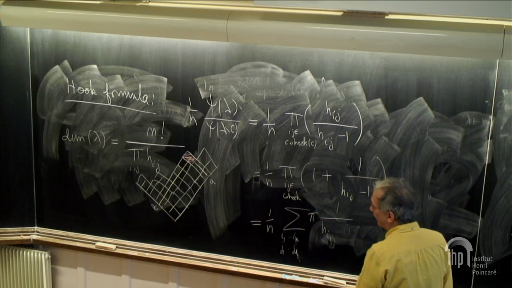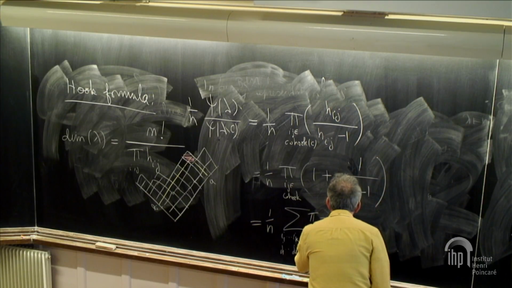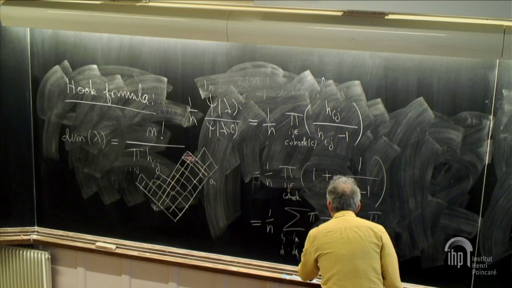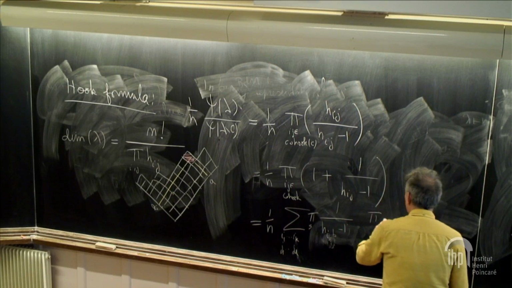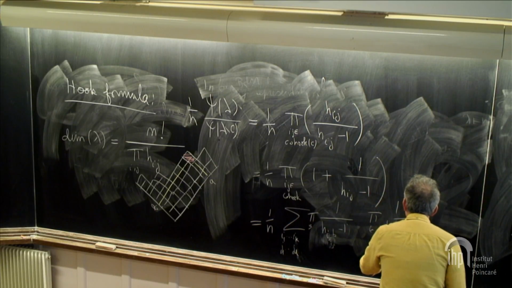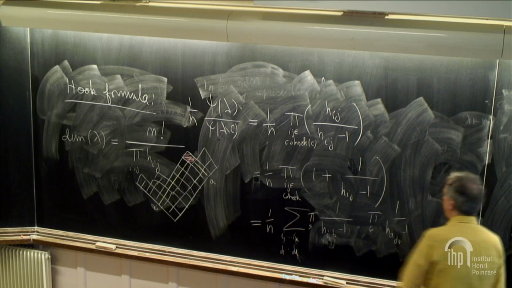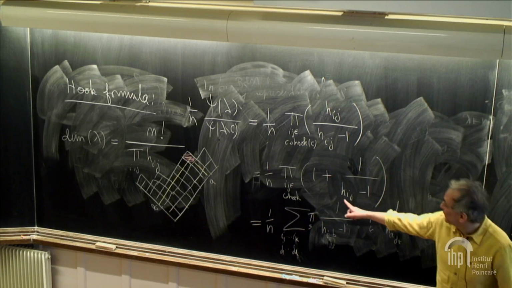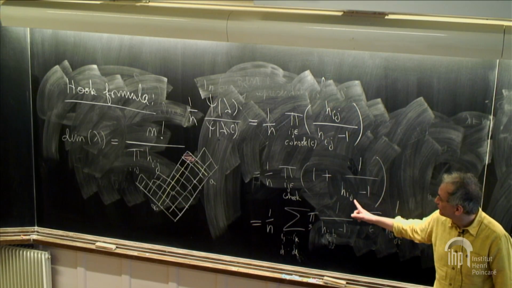So I have, say, a product over S of 1 over h of (a, s) minus 1 and a product over T of 1 over h of (a, jT) minus 1. Is it clear? Okay, I expand this product.